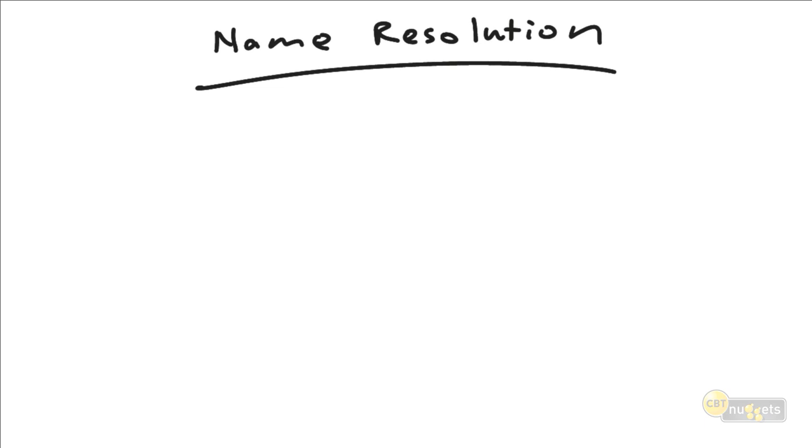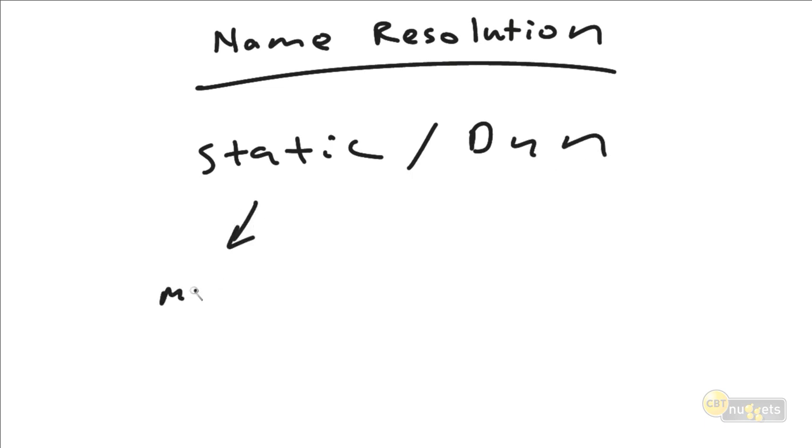What about name resolution, you might ask? Well, nothing really new to report here. We can do this statically or dynamically. With static, we're going to do manual host type entries in IPv6. With the dynamic, we're going to do none other than DNS. So very little changes from a name resolution standpoint in IPv6.